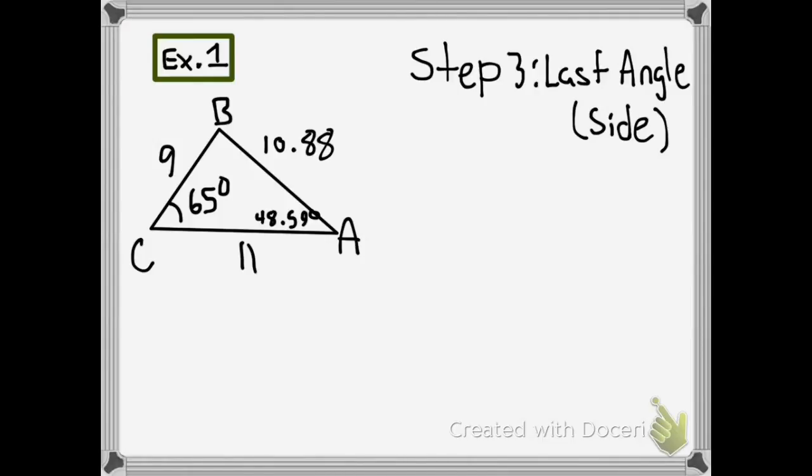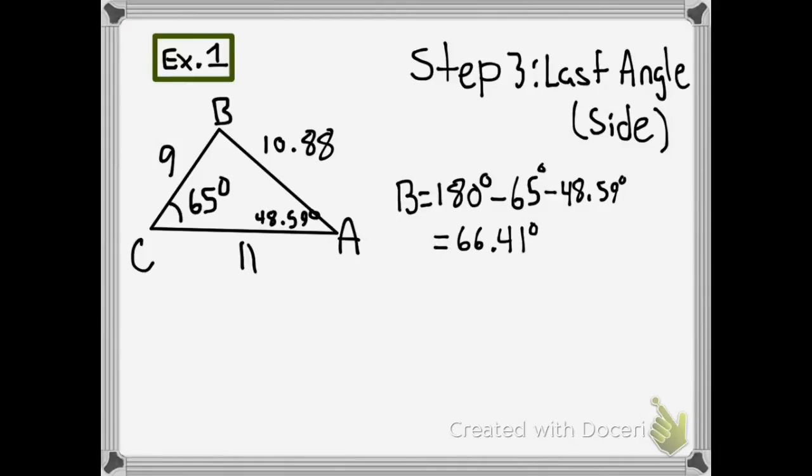B will now equal 180 degrees for the entire triangle, then subtract 65 degrees, which is one of our angles, angle C, and then subtract 48.59 degrees, which would be angle A, and all that will end up equaling 66.41 degrees.